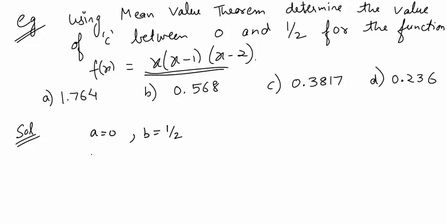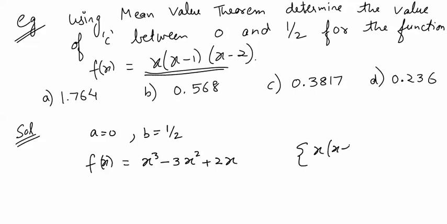Let me first define the function f(x): f(x) is x cube minus 3x square plus 2x. It comes from multiplying x into (x minus 1) into (x minus 2).